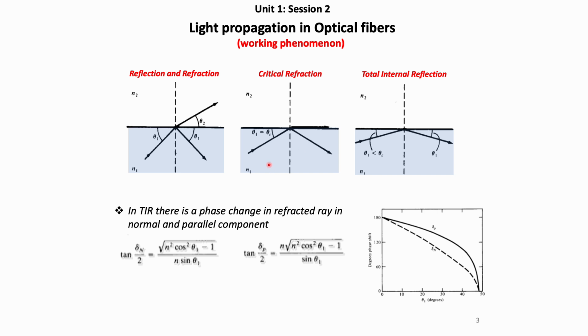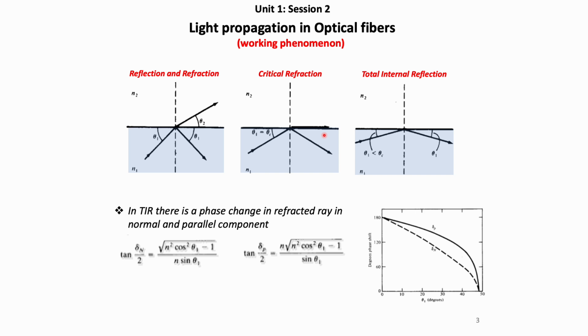At a particular angle, the ray is completely reflected into the same first medium. How does it happen? When the angle of incidence is higher than the critical angle, total internal reflection happens.